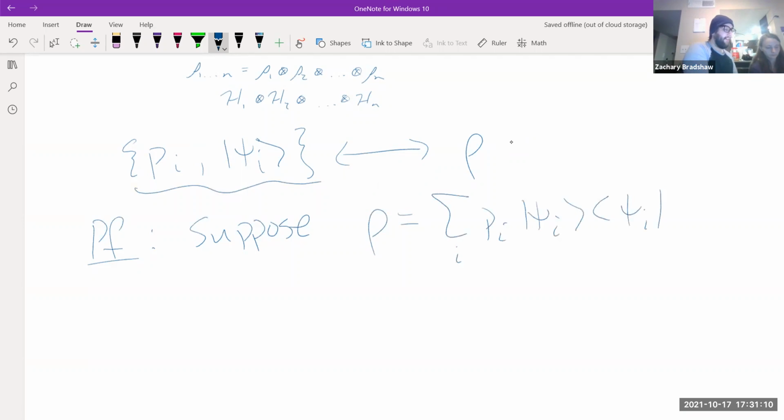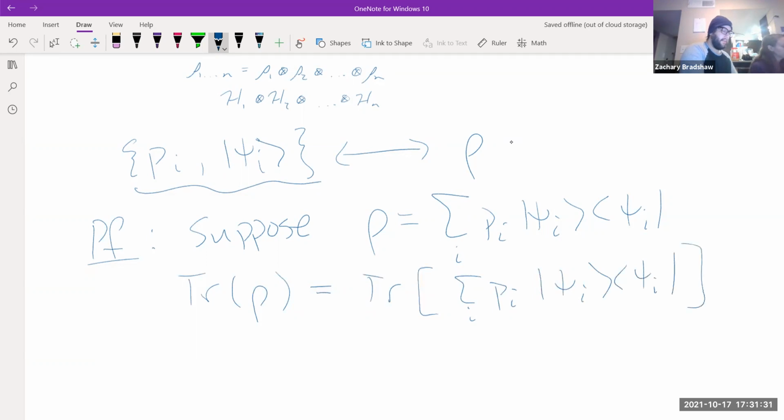And we can check that this thing does indeed have trace equal to 1, and it's positive semi-definite. So the trace of rho is the trace of this sum. But the trace is linear, so we can pull out the constants and the sum symbol.